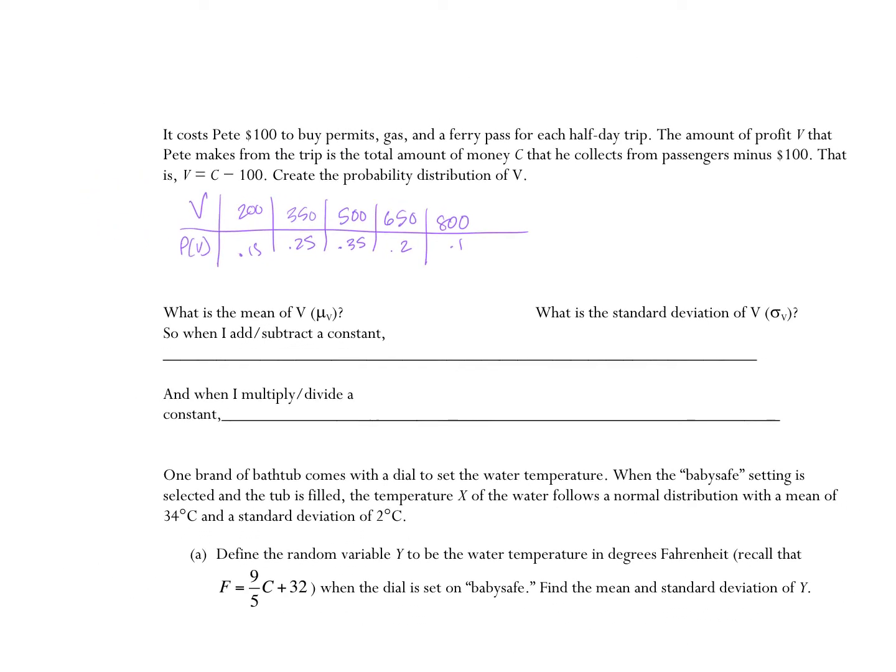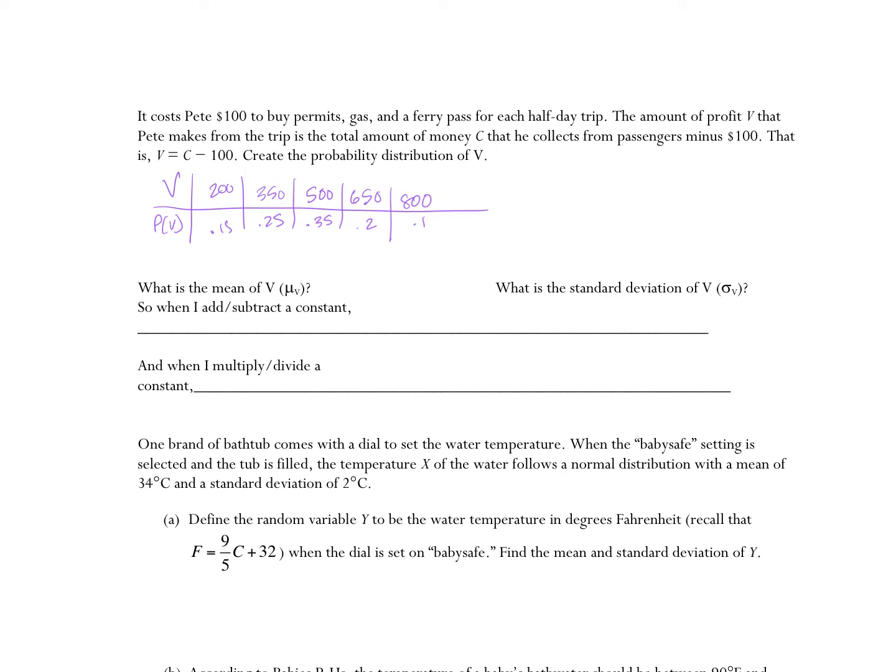Now, I want you guys to envision what would happen here. Here's my graph of all this collected money, and then I take $100 away. What's going to happen to the graph? The whole graph is going to shift left. Is everybody with me? How much is it going to shift? 100, right?